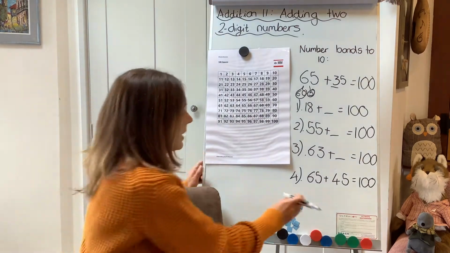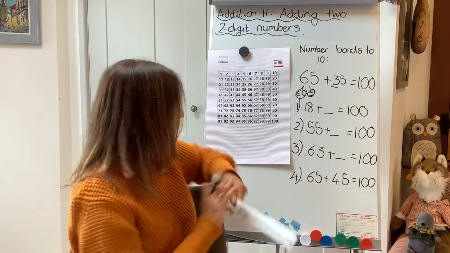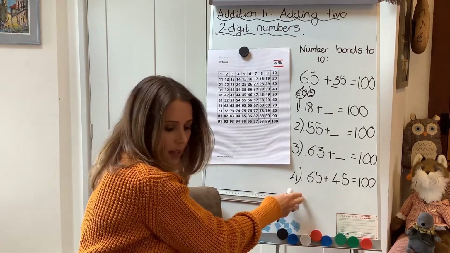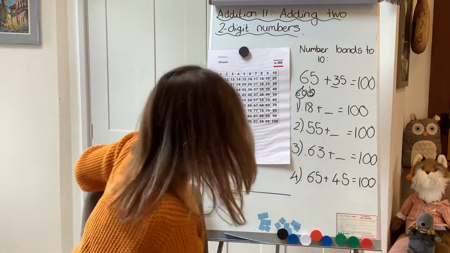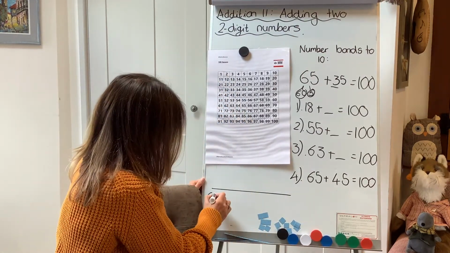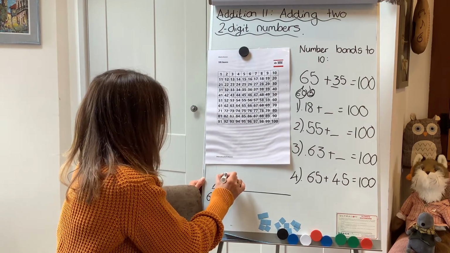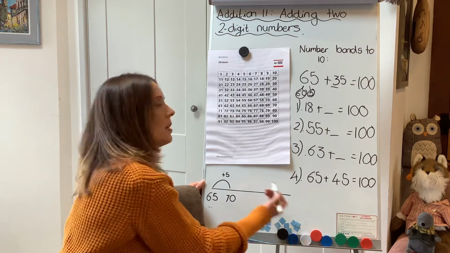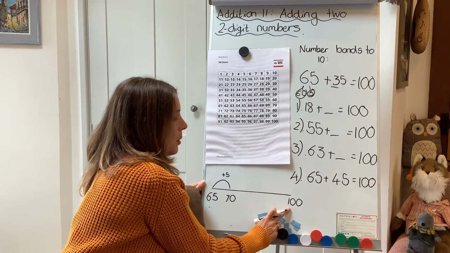We can also see this using a number line. So if we have 65, we can add on 5 to get to the next multiple of 10, which is 70. And then we can use our number bond knowledge to think, what do we add to 70 to get to 100?